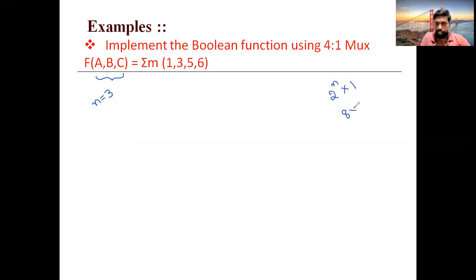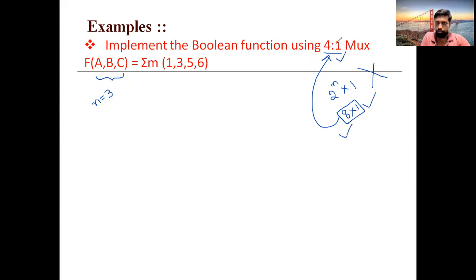Now we verify whether the asked multiplexer is 8 into 1 or not. No. The asked question is 4 into 1, but the original multiplexer is 8 into 1. So the condition is not satisfied, because the original multiplexer is different from the asked multiplexer.